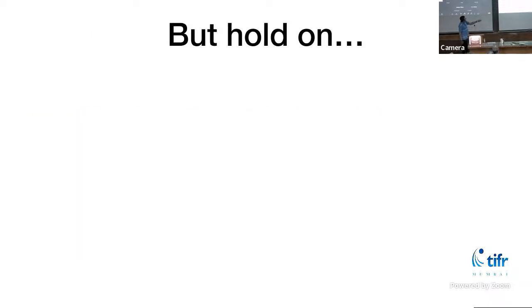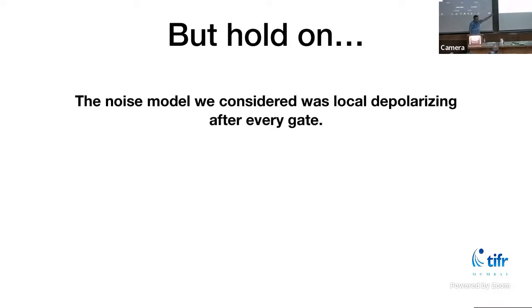And let me conclude with a punchline actually. So we saw a model of noise. I said that this model was considered because of its simplicity. We saw that the model was a gate followed by depolarizing noise.